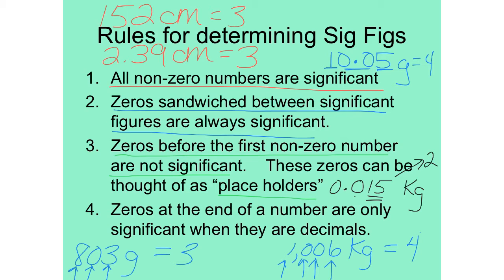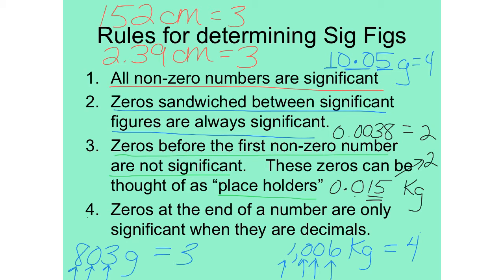It has to be there to maintain the place value, so it's not going to count as a significant figure. We need it to keep the mathematical quantity, but it's not going to count as a significant figure. Another one, 0.0038. That would also only have 2. So both of those zeros that come before the 3 are not going to count for significant figures.